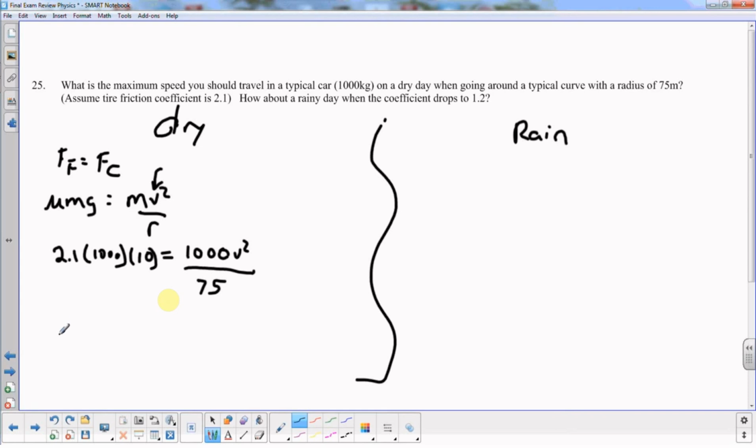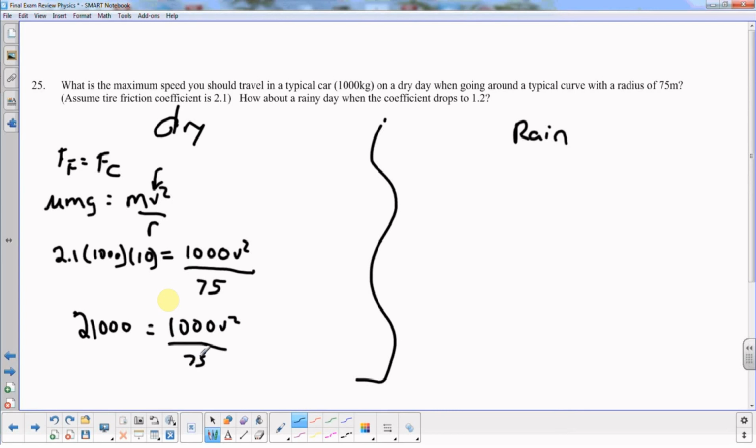2.1 times 1,000 times 10 divided by 75. I'll look at that in a second. So 2.1 times 1,000 times 10, 21,000, equals 1,000 v squared over 75.